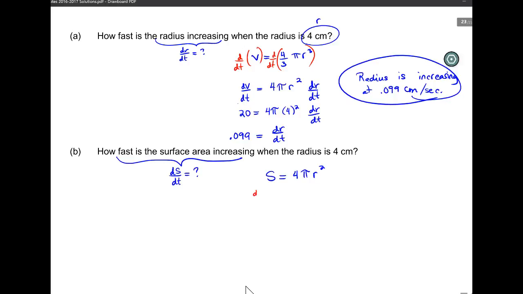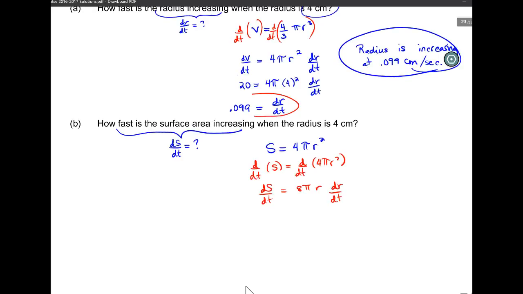And I want to do d dt of both sides. So we get dS dt on the left side, and then on the right side we get 8 pi r dr dt. Well, we found out from the previous part what dr dt is, right? So we can substitute in 8 pi, again radius is 4, and then dr dt is 0.099.